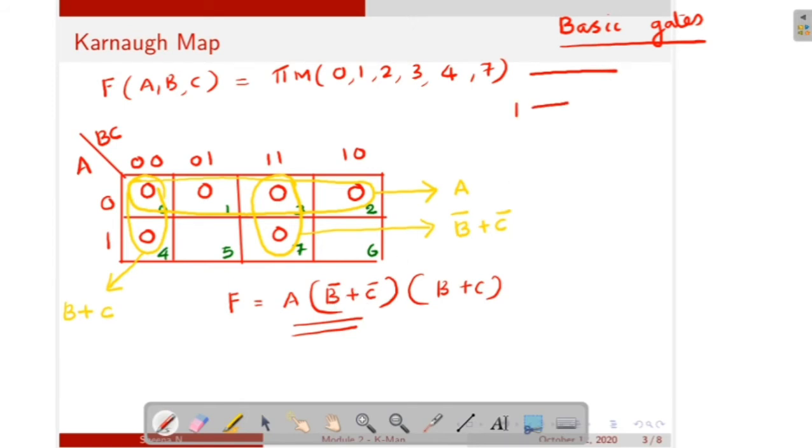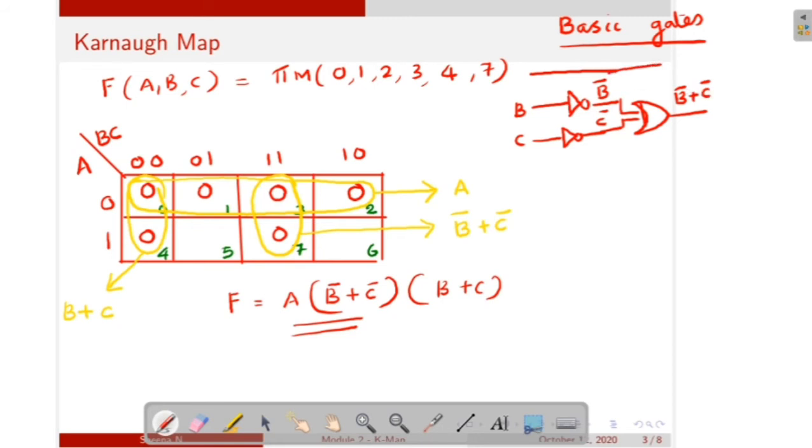That means we have the input B. It is given to the NOT gate. We get the output B bar. Then also we have input C. It is given to a NOT gate. We get the output C bar. Then we OR the B bar input and C bar input. That means we get B bar plus C bar.